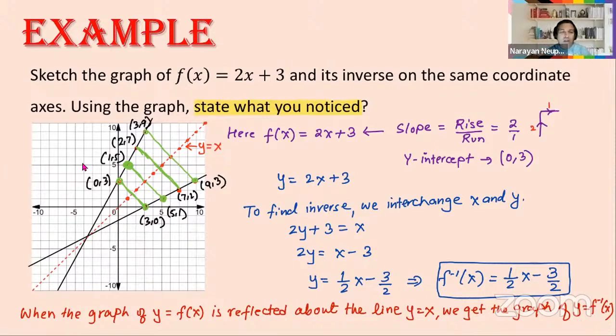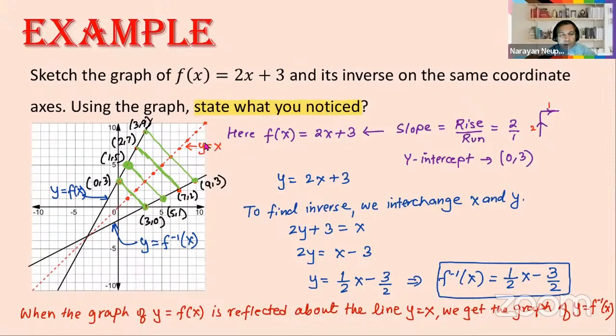That means the graph of y equal to f of x, this original line, and the graph of the inverse, y equal to f inverse x, are the actual reflection of each other about the line y equal to x.